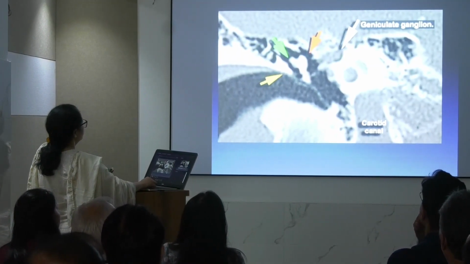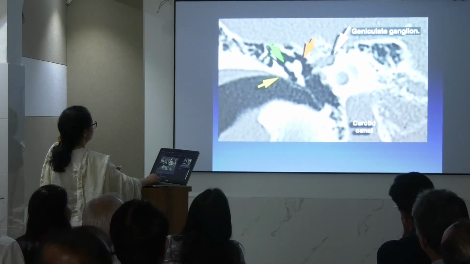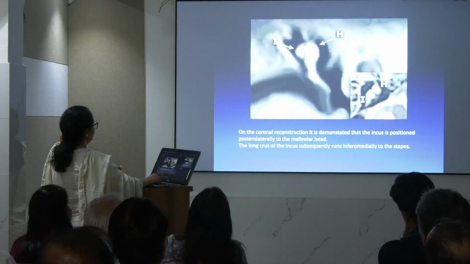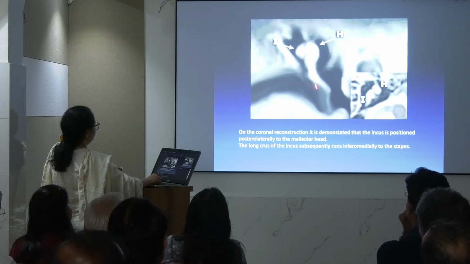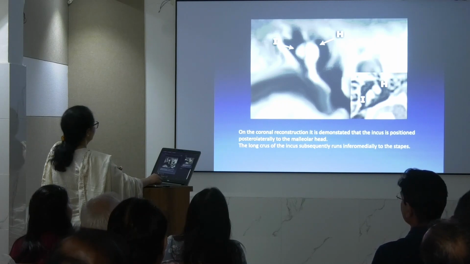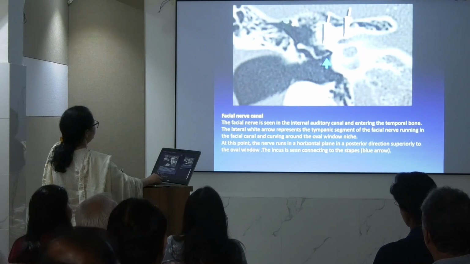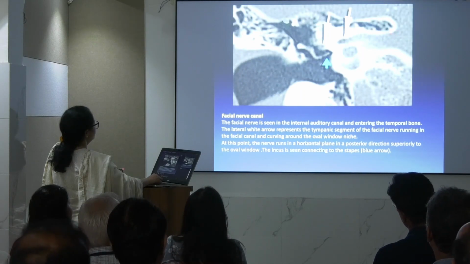So the same things with the coronal scans. This is the area of the genu of the facial canal, where we see the outline of the cochlea. This is malleus and incus. This is the posterior, and on the medial side, the malleus is anterior. So this is the cochlea. What we see here is the anterior and posterior portion of the cochlea. This is the picture now in the coronal scan, and this is the overview.